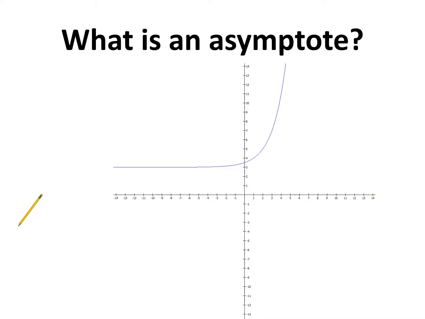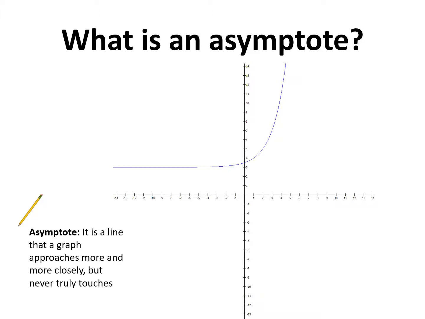So what is an asymptote then? The formal definition of an asymptote is a line that a graph approaches more and more, but never truly touches. So like on the last slide when we talked about it, or on this picture, we have a line, y is equal to 3, and this is getting super close to it, but it's never actually touching it, even if we think we're touching it.